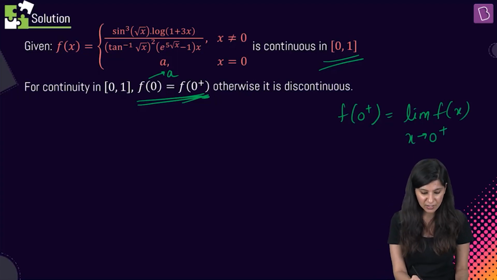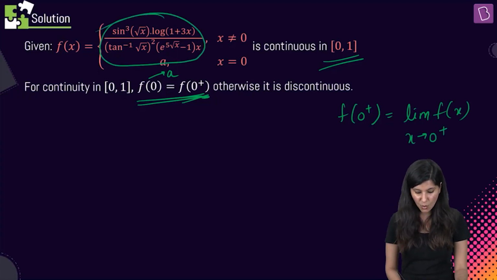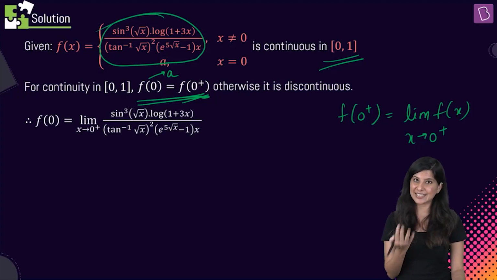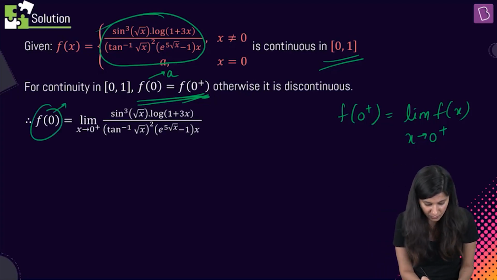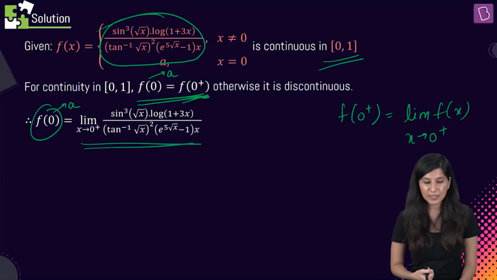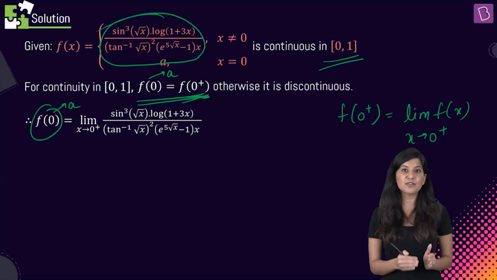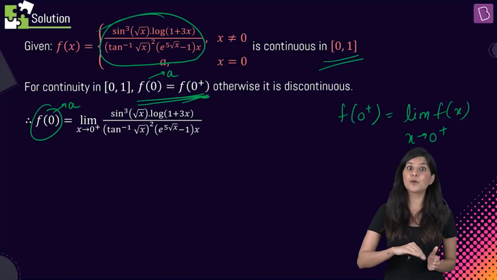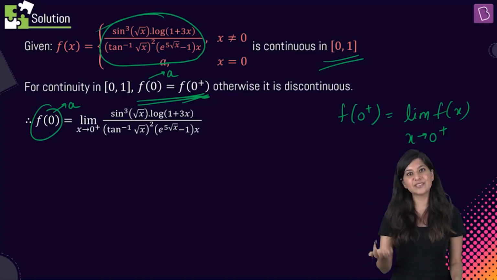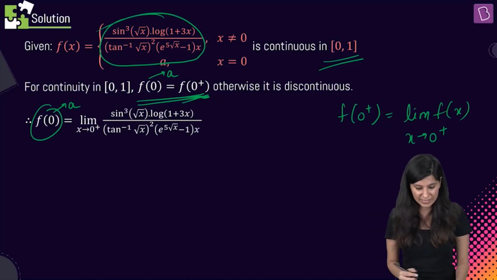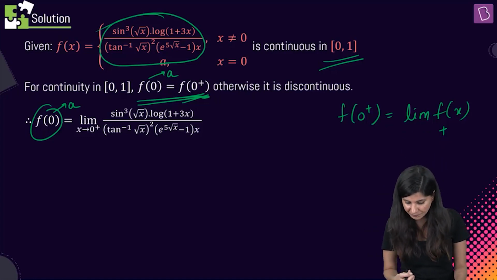For 0 plus, we need to replace f(x) by this whole huge expression just like this, right? And we need to evaluate it. This indeed is equal to a. So we need to evaluate the limit of this expression when x is tending towards 0 plus, right? Once this limit is sorted, that would be the value of a, right? So let's get started. Okay, cool.